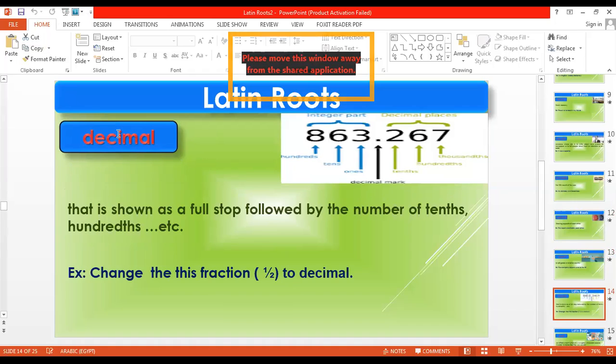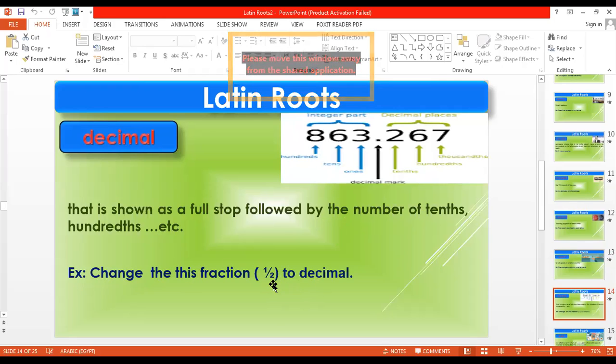Decimal. You studied it in math. If you look at this point, the digit after the point, we call it tenth decimal. Decimal is shown as a full stop followed by the number of tenths or hundredths, etc. I can say, change this fraction, a half, to decimal.